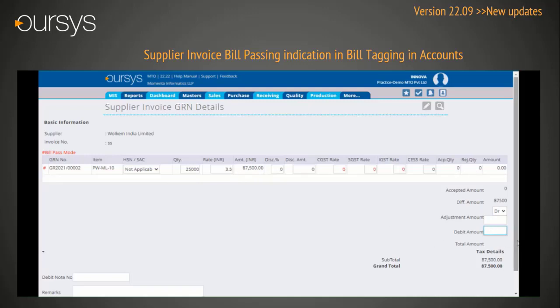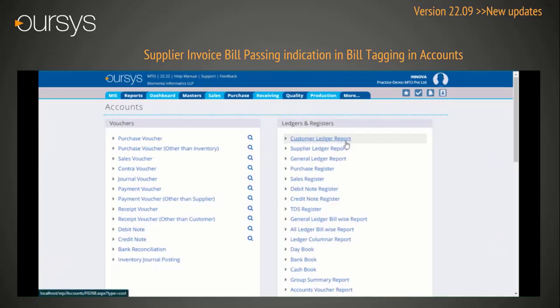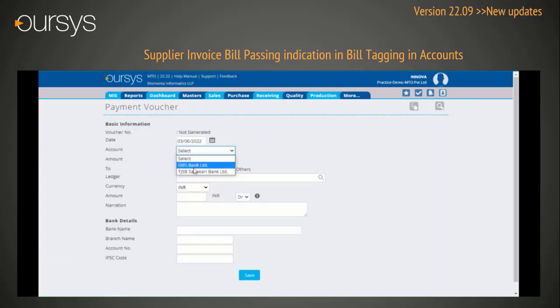Also, if there is a debit amount involved in the bill passing, when the account person goes to the payment voucher, the system automatically shows it in red color.